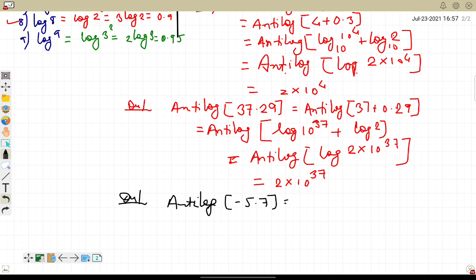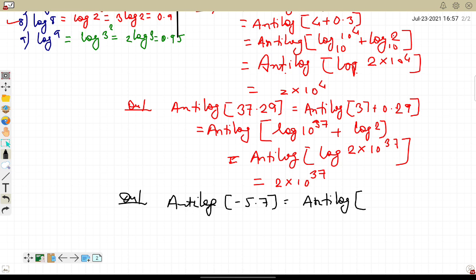So first write antilog here, and we need to break minus 5.7 in such a way that we can't write minus 5 plus 0.7, because if you write minus 5 minus 0.7, then our Mantissa value will be negative, but we need to put the Mantissa value between 0 and 1.